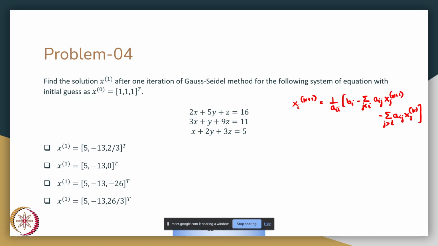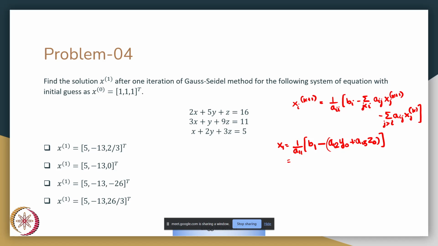For our case, this formula would look like x1 is equal to 1 by a11 times b1 minus, since i is equal to 1, j can be either 2 or 3, so only these terms will come: a12 y0 plus a13 z0.